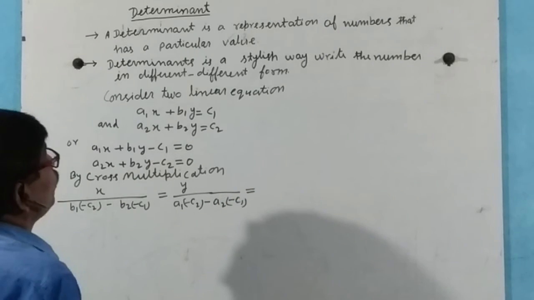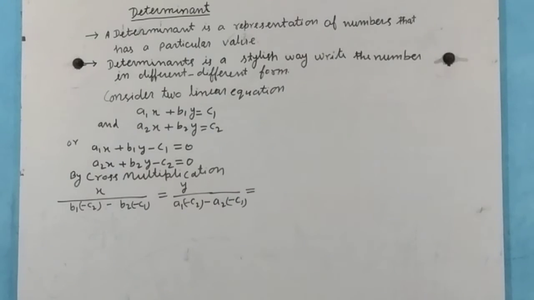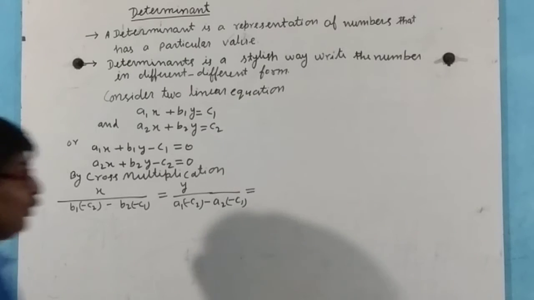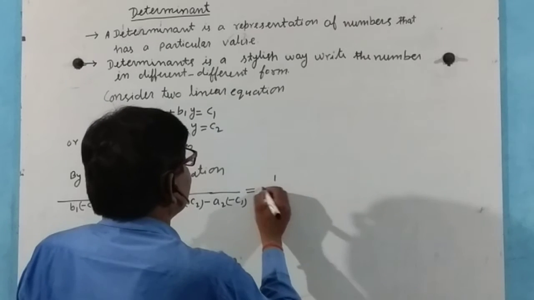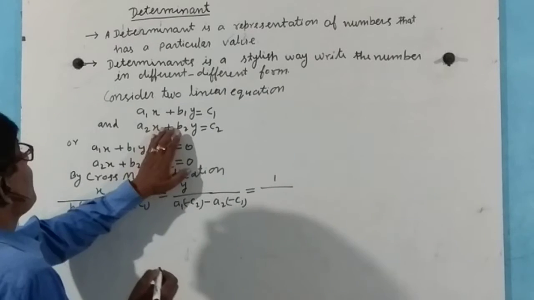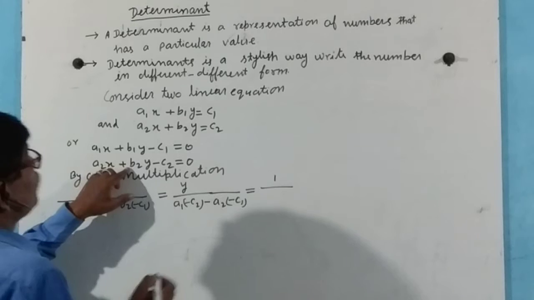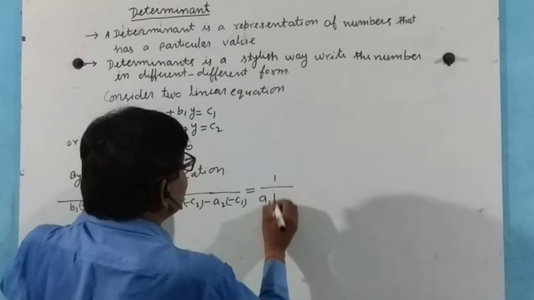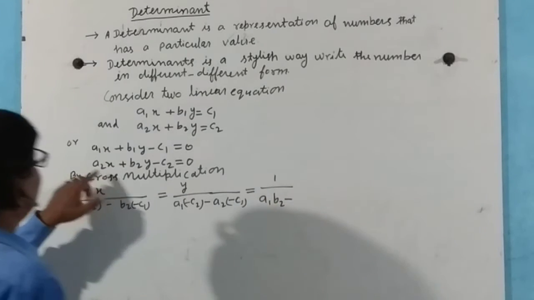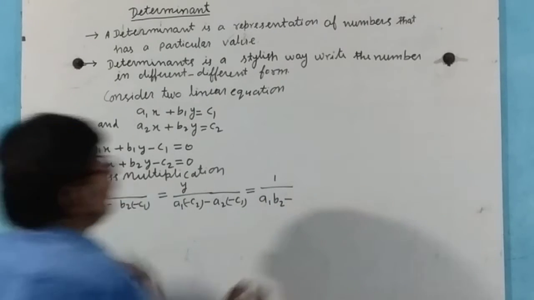that is equal to 1 by a1 b2 minus a2 b1.